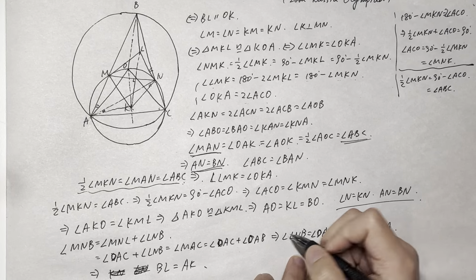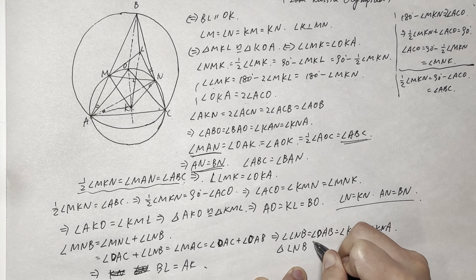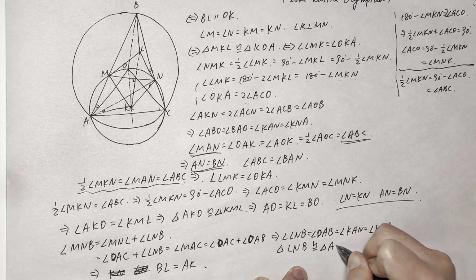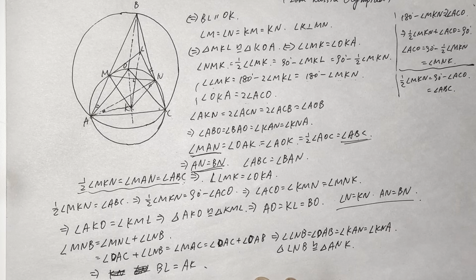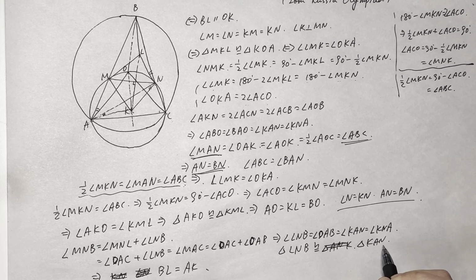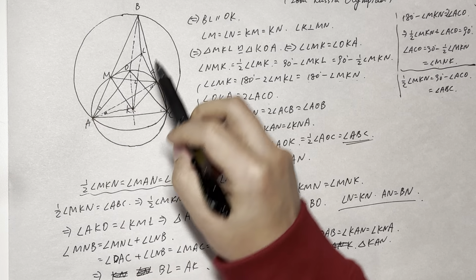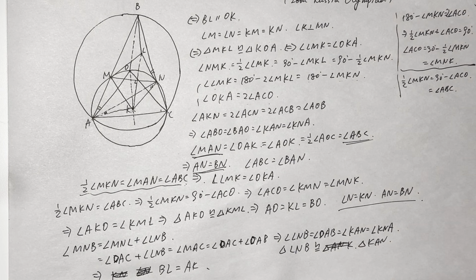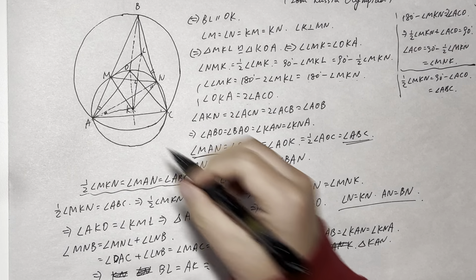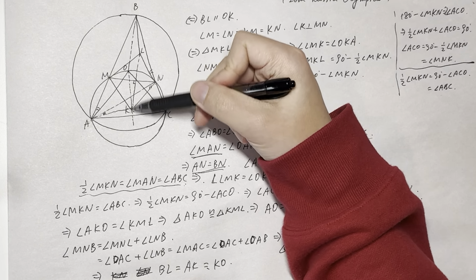All of this just proves that triangle LNB is congruent to triangle ANK, right? Or KAN. So we know that BL equals AK. And AK equals KO. So BL equals KO.